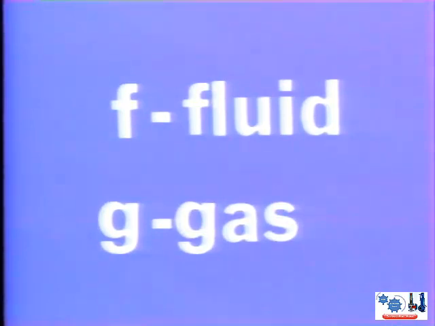The subscripts f and g may seem a bit confusing since a gas is generally considered to be a type of fluid. In the steam tables, however, f refers to a fluid in a liquid state, and g refers to a fluid in a gaseous state. Now, it is often useful to know the amount of change in specific volume that takes place when water is completely boiled to steam.